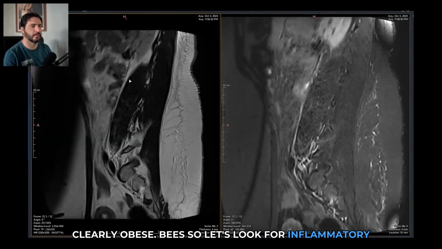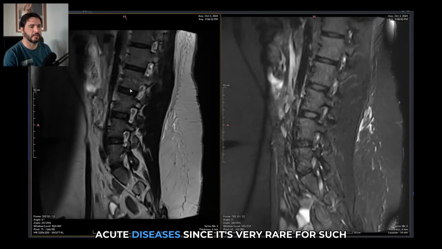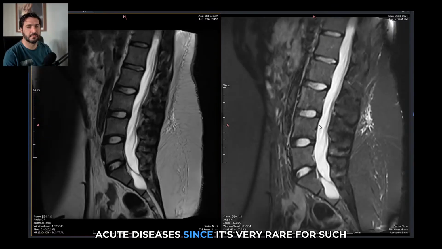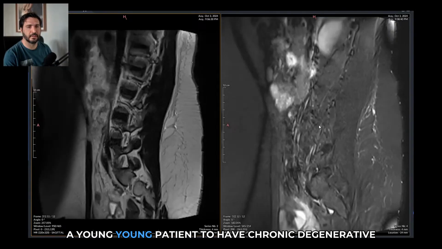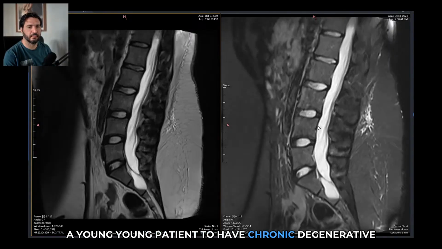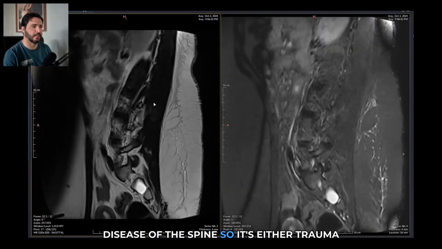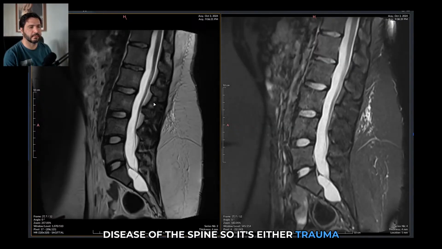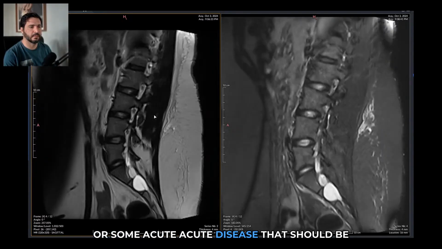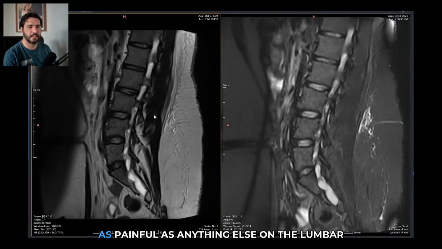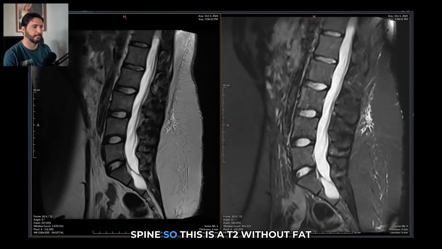So let's look for inflammatory acute diseases, since it's very rare for such a young patient to have chronic degenerative disease of the spine. So it's either trauma or some acute disease that should be as painful as anything else on the lumbar spine.